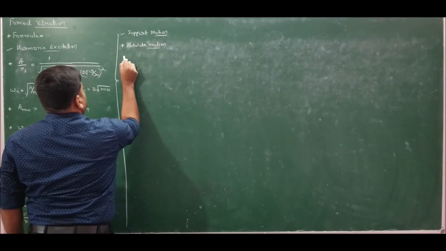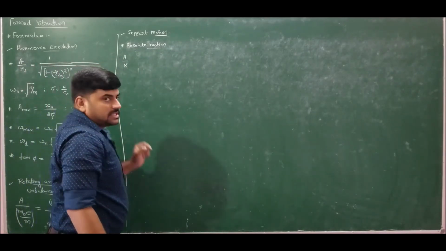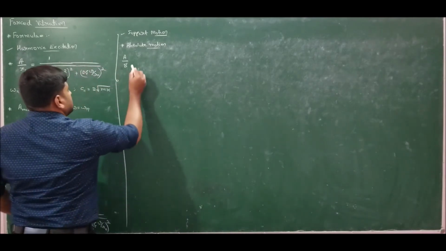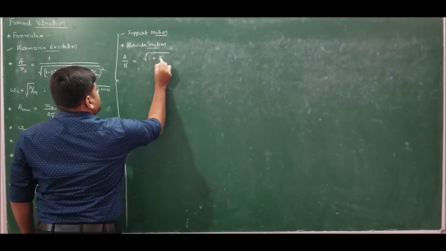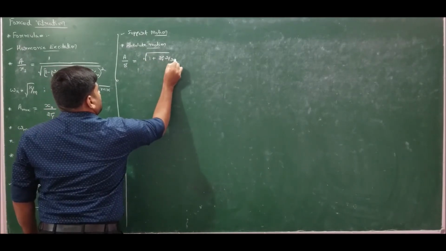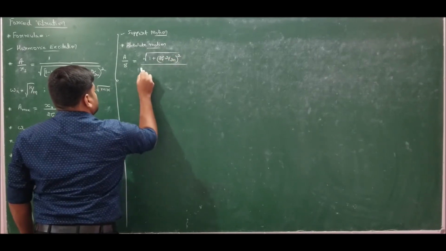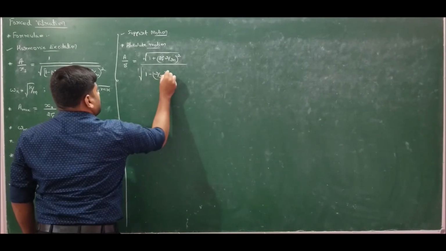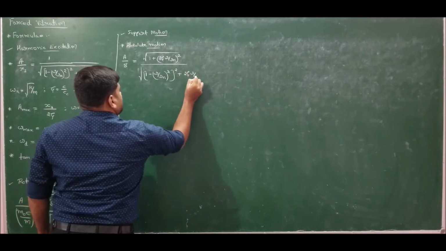The amplitude ratio of absolute motion, that is A by B, where A is the absolute displacement of the vibrating body and B is the absolute displacement of the support, is given by root of 1 plus (2 zeta omega by omega n whole square) divided by square root of (1 minus omega by omega n whole square) plus (2 zeta omega by omega n whole square).